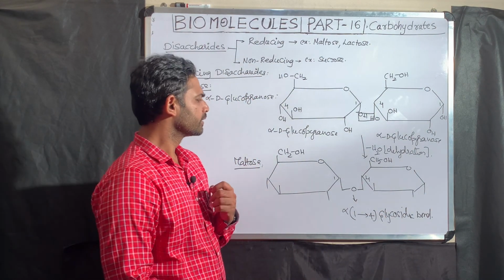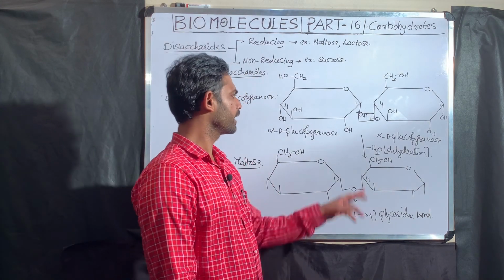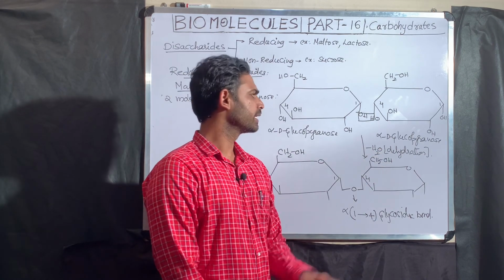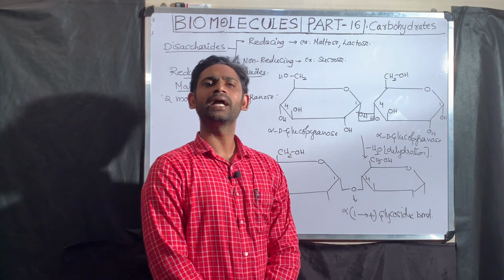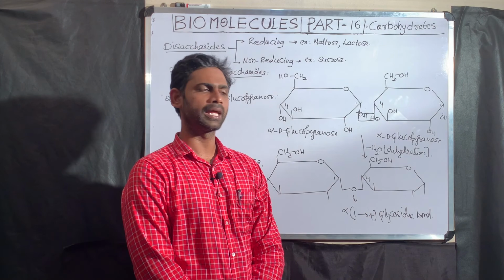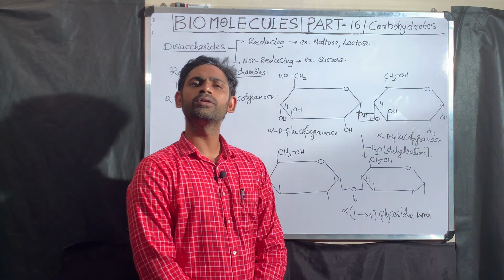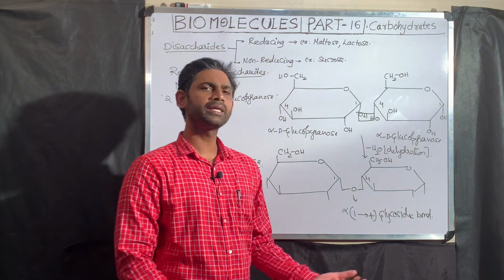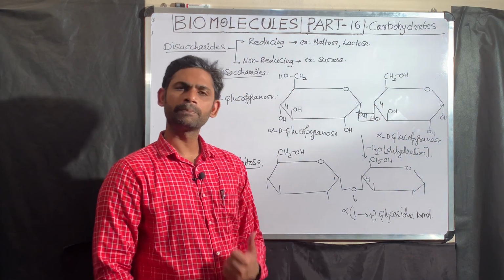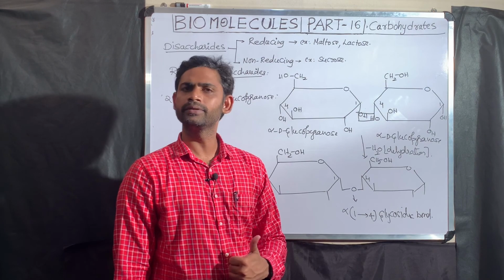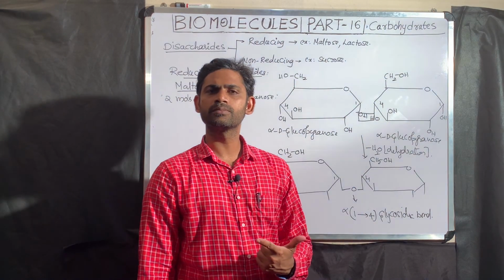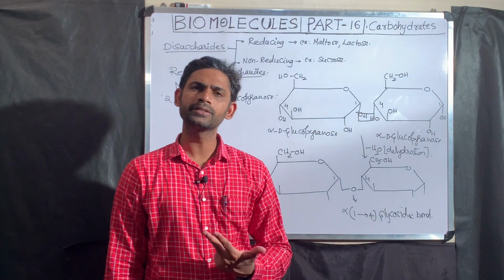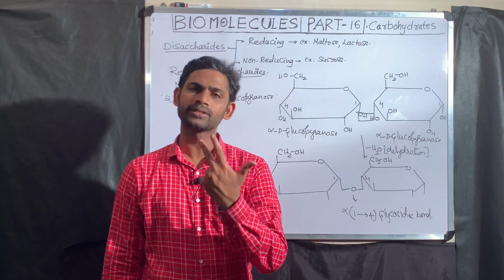The next point: when the glycosidic bond is forming, there is a release of water. Releasing of water is called dehydration. That is why, the second point I am telling, glycosidic bond formation is an example of dehydration. The same thing I have repeated many times: peptide bond formation is an example of dehydration, phosphodiester bond formation is an example of dehydration, glycosidic bond formation is also an example of dehydration.